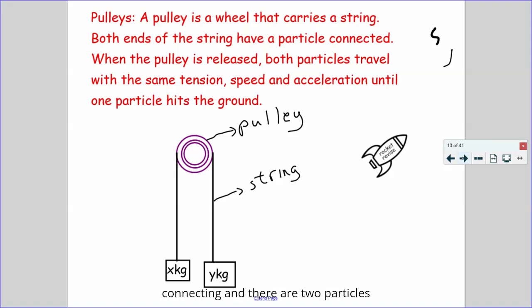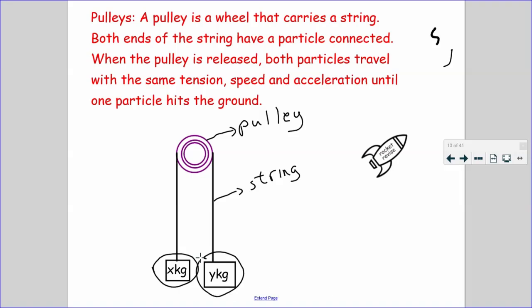We have a pulley connecting, and there are two particles which are hanging on both ends of the string. Now both these particles are first held at rest, and then eventually we will release the pulley. One particle will go down, another particle will go up. And eventually the heavier particle will fall to the ground.